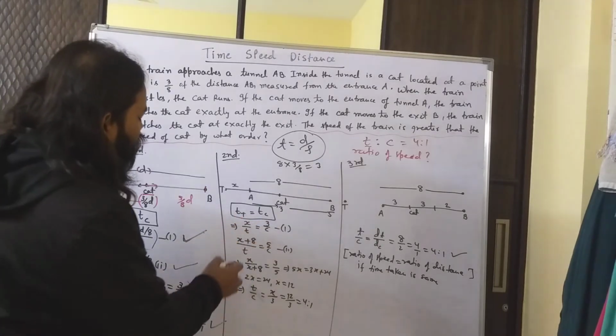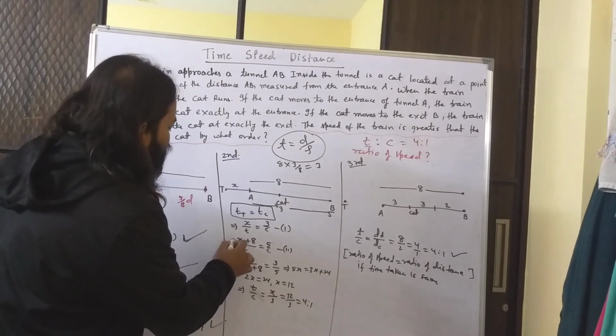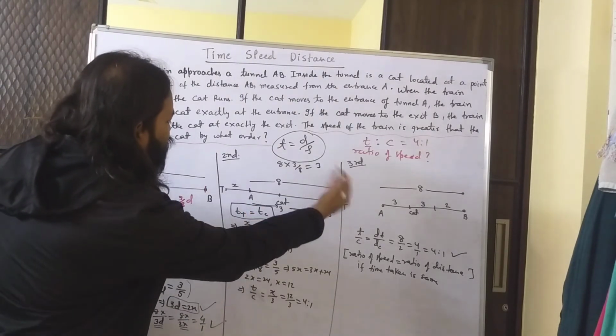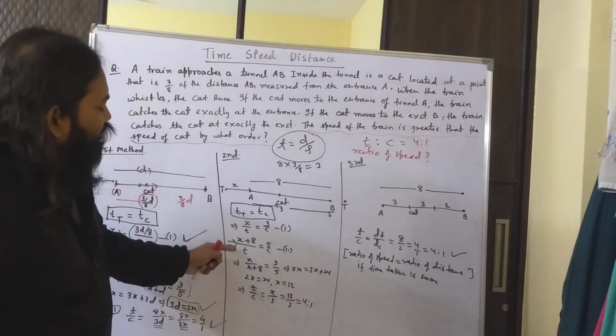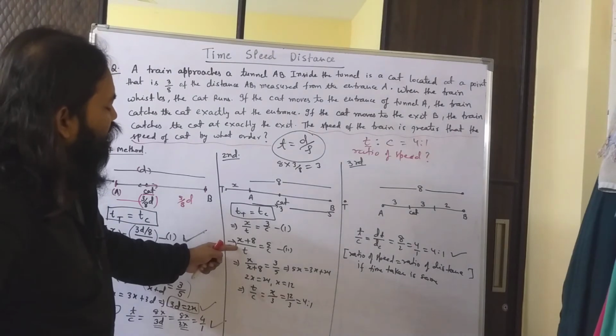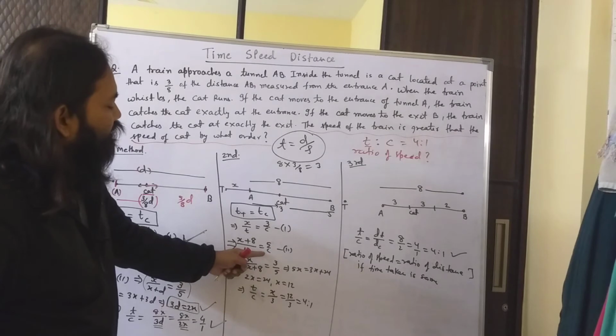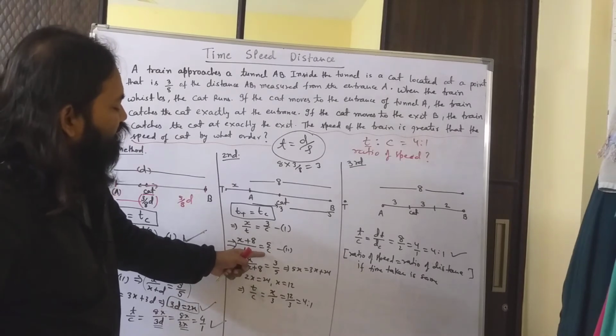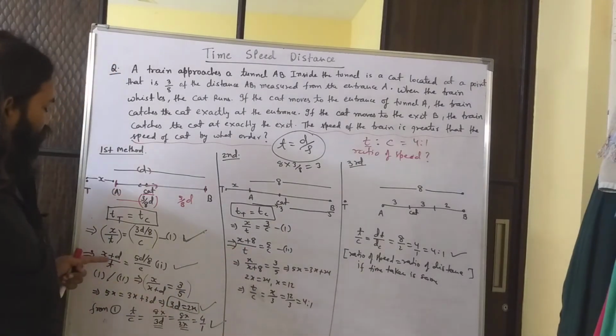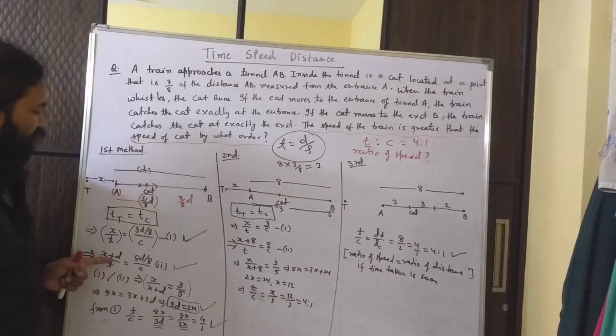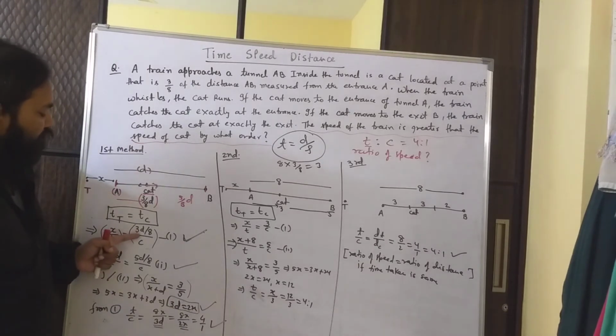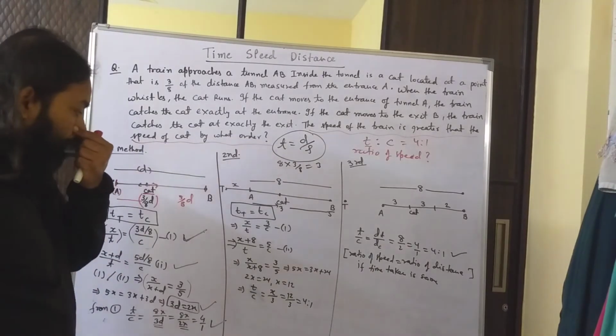In the other instance, when the cat goes to the other side, the distance traveled by the train is x plus 8, speed of train is t, and for the cat, the distance is 5 and speed is c. So a similar kind of equation, only thing is now in place of d, we are using 8. That's why we are getting 3 by c and 5 by c, because d by 8 becomes 1 in that case, right?